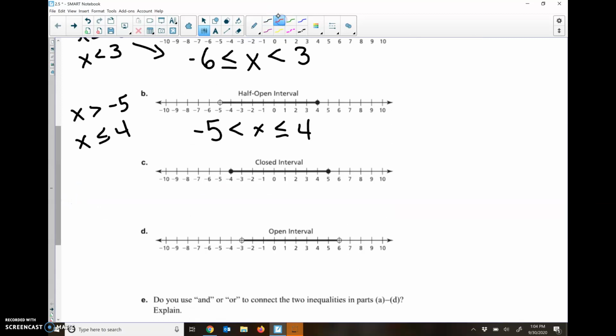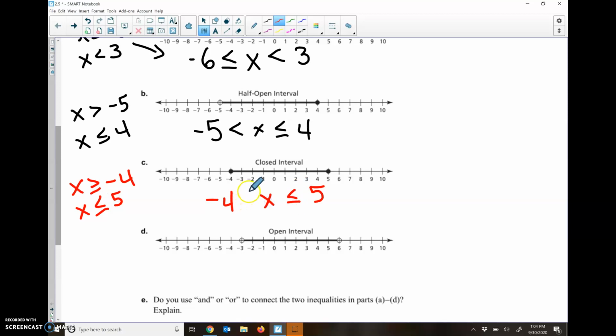Here we'll see both dots are closed. So I have a -4 and a 5 here. Same thing. I need x to be greater than or equal to -4, so like -3, -2, -1. And then over there, I need x to be less than or equal to 5.